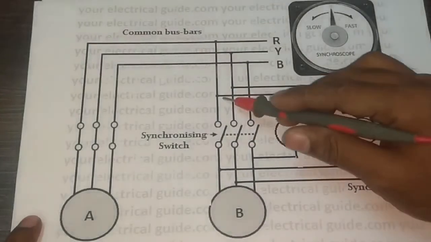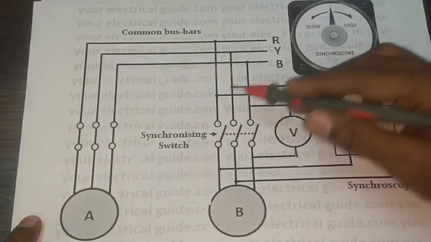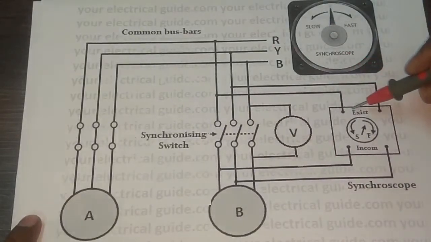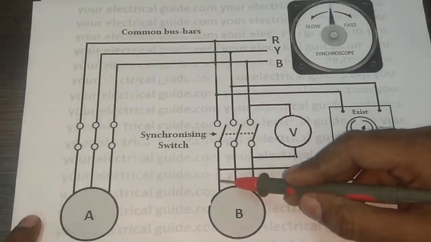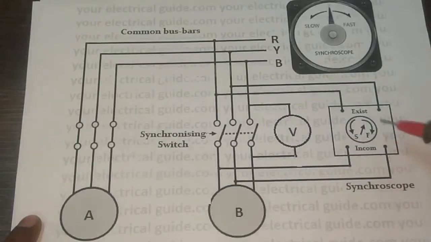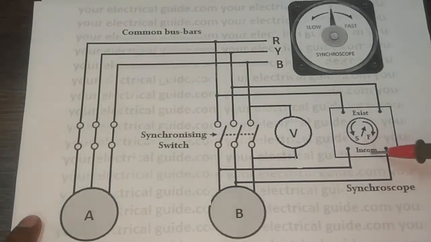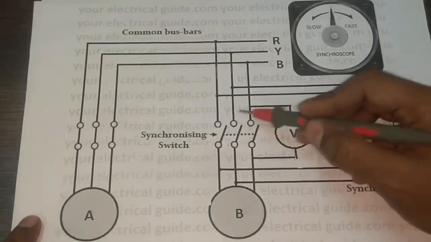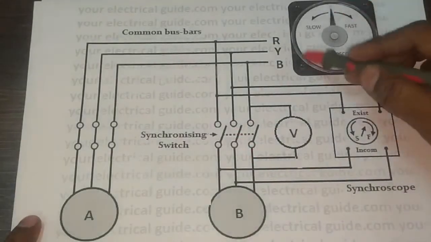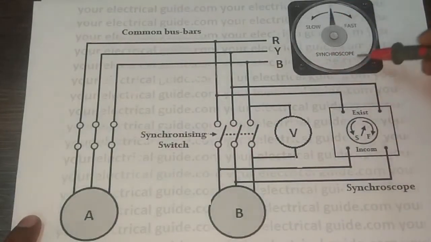The two wires of alternator A, R phase and Y phase, are connected to the synchronoscope existing terminal, and the two wires R phase and Y phase of alternator B are connected to the synchronoscope incoming terminal. Existing terminal and incoming terminal. And this is a synchronizing switch. And this is the front panel of the synchronoscope.